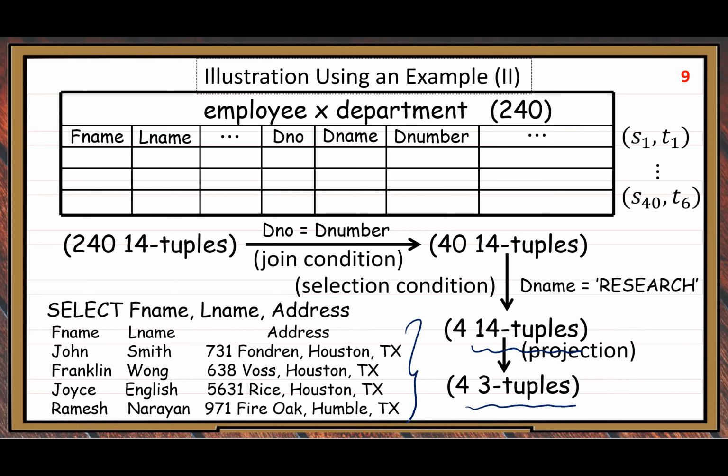Look at that: Fname, Lname, Address under the column names, 3 column names, and we have 4 rows. So 4 employees satisfy the given condition.